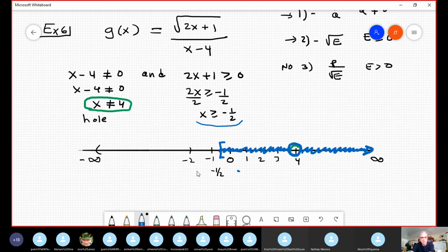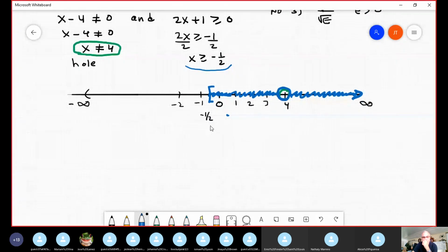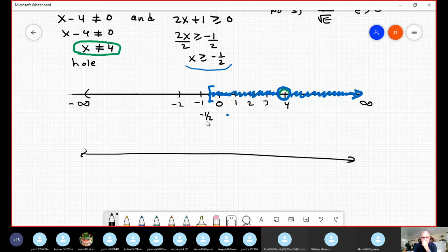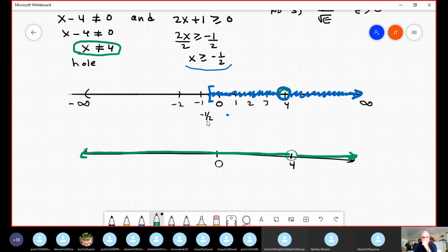Do you understand this very well or no? What's confusing? Okay, another point of view. Let me try. The first part, x not equal to 4, is here. You highlight, for example in green, all real numbers, but at 4 we have a hole.